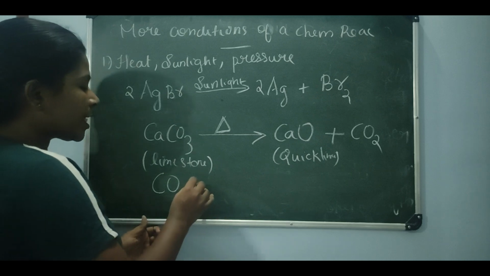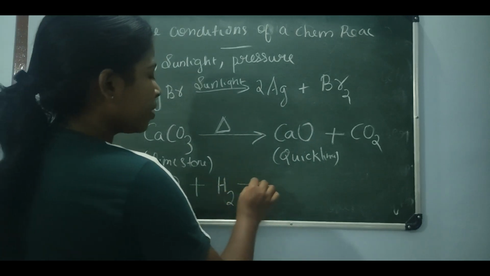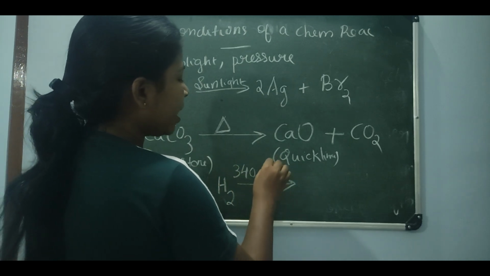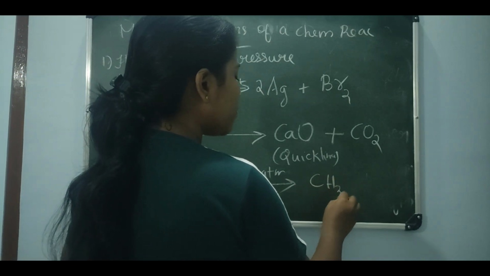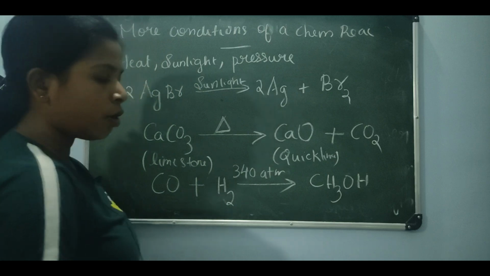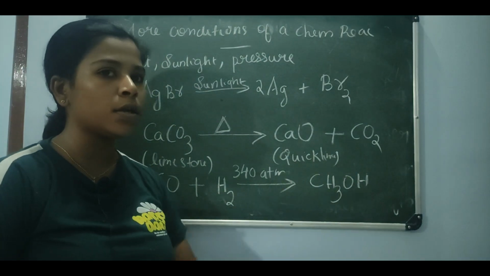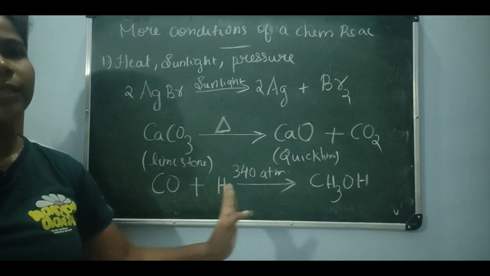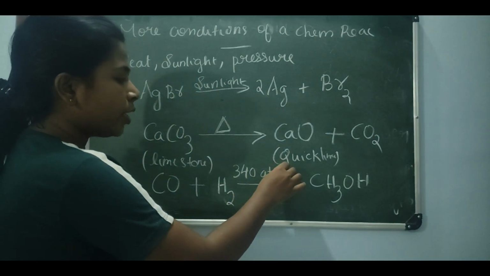Let carbon monoxide react with hydrogen gas in the presence of a pressure of 340 atm. Then we get alcohol. Alcohol is produced: methanol. We learn about alcohol and all in your 4th chapter, carbon and its compounds. But see this chemical reaction, how the effect of pressure is shown here.